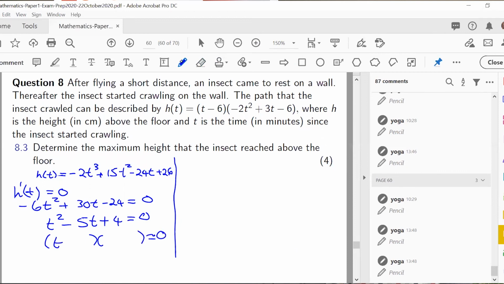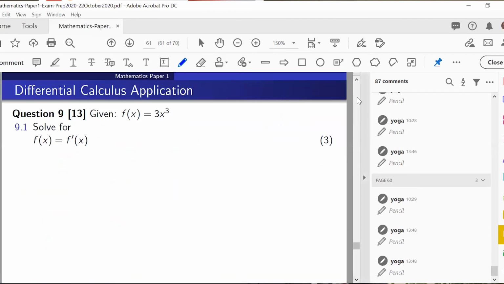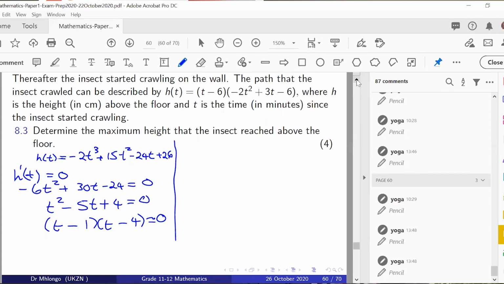And the factors are 1 and 4. Well, we can calculate h. We can use both values of t to calculate h.